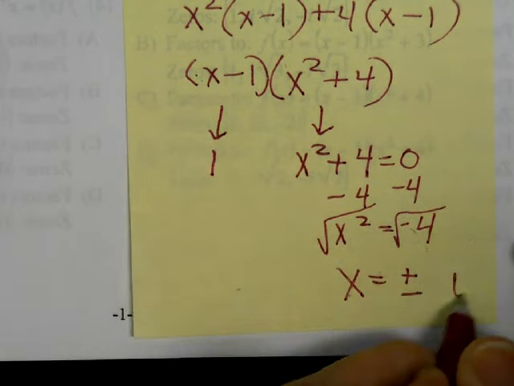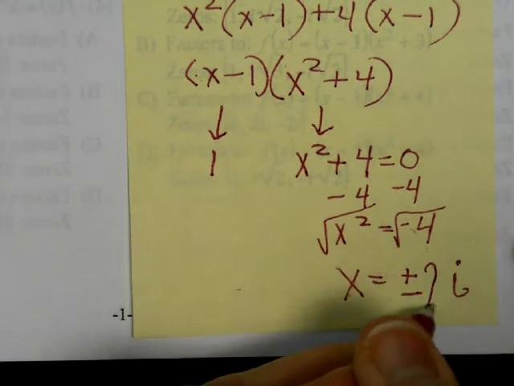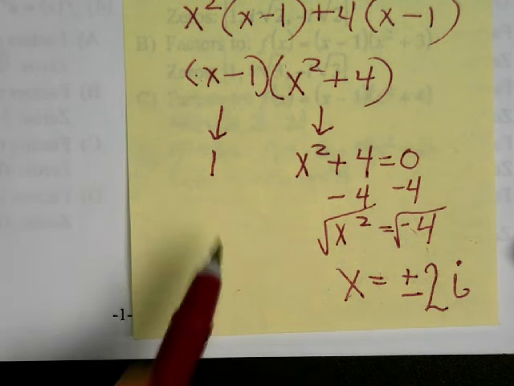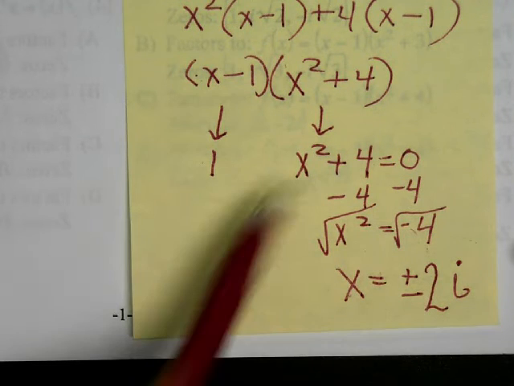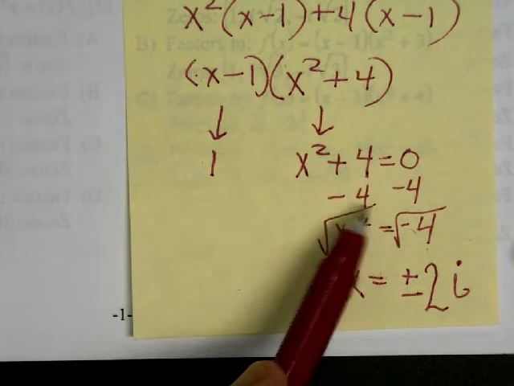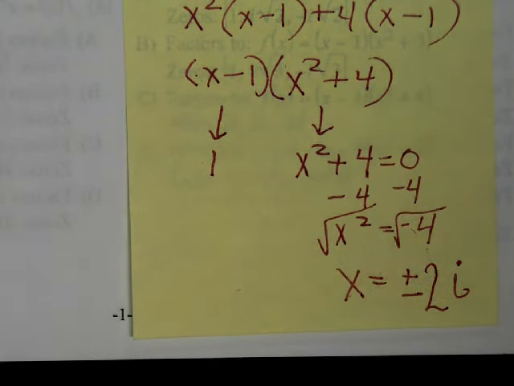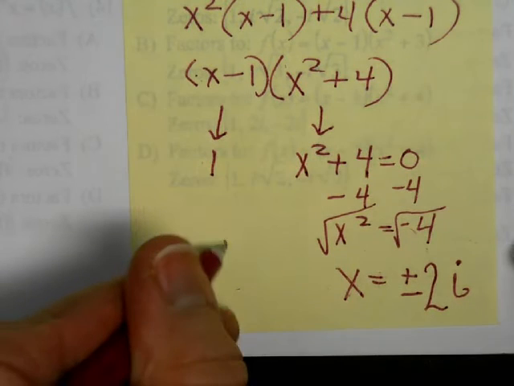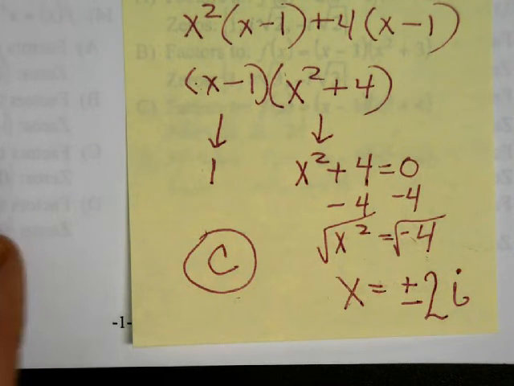If I take the square root of a negative number, I have an i. And the square root of 4 is 2. So I've got 3 answers, 1, 2i, and negative 2i. There is no square root left. If what I'm taking the square root of is a perfect square, it disappears. So don't let that fool you. Letter C.